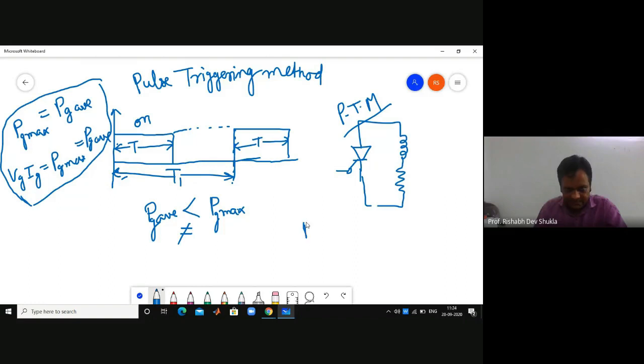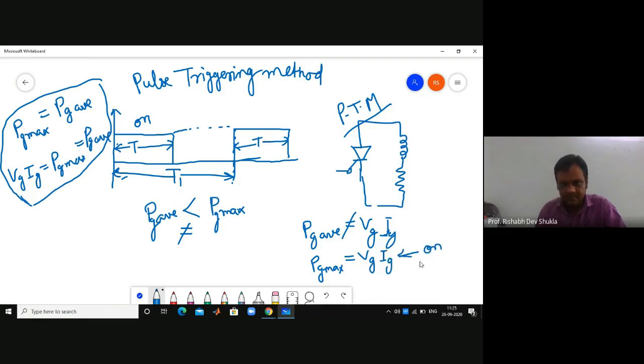And mind it, PG average is not equal to Vg into Ig. That is totally wrong. It is not equal to Vg into Ig, but PG max is equal to Vg into Ig during the on period.